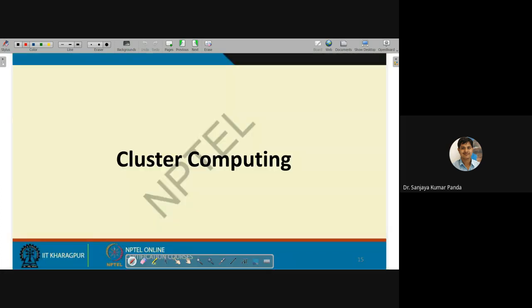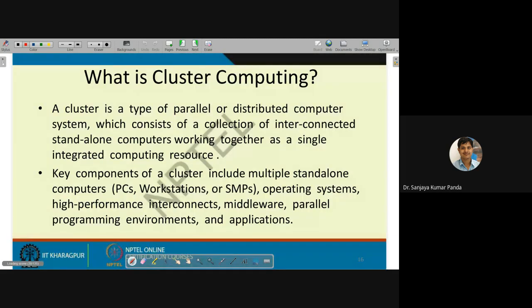Now, this is all about one of the trends, that is grid computing. Let us proceed to the next computing paradigm, called cluster computing. As I mentioned earlier, they are all part of our parallel and distributed computer systems. Whether it is a cluster or a grid or a cloud, these are all types of parallel and distributed computer systems.